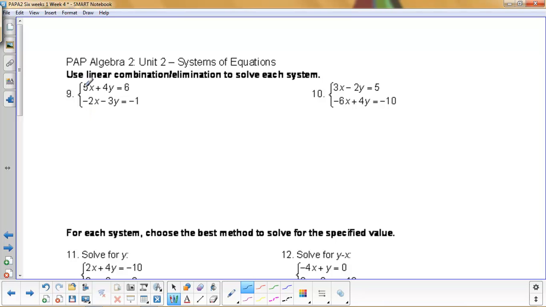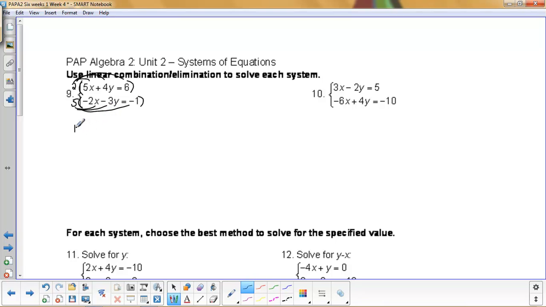So in order to make the 5 and the 2 into the same number, they need to be 10. Therefore, I will multiply the top equation by 2, and I will multiply the bottom equation by 5. Placing parentheses around the entire equation, I will distribute the 2 and the 5 to all the values in the equation.